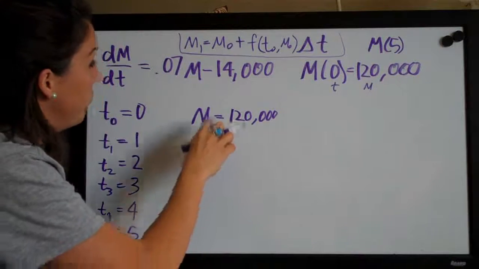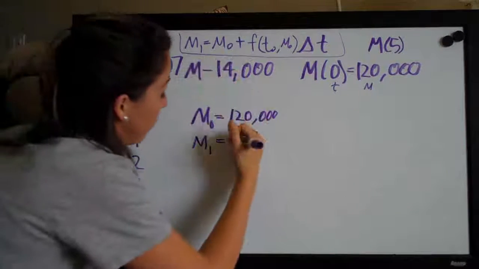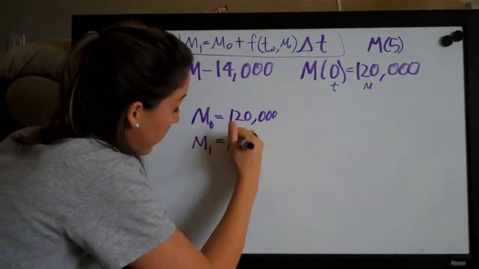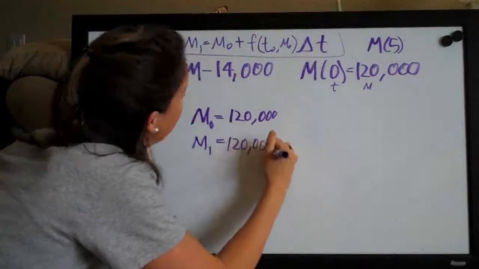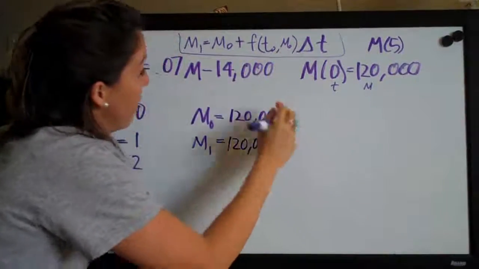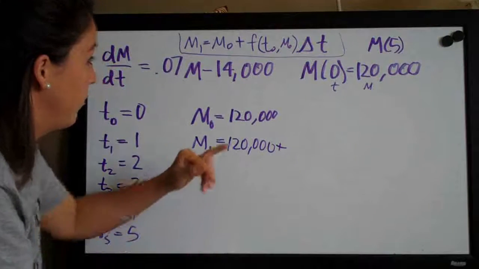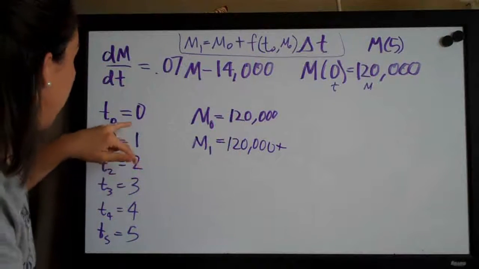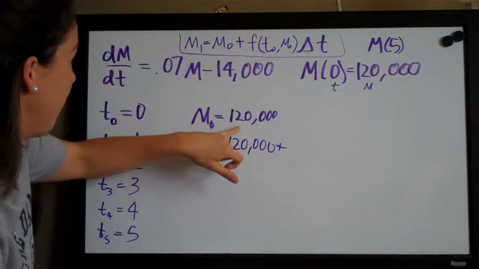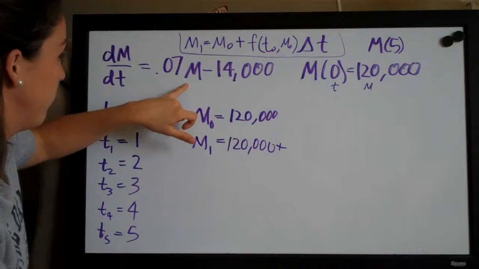So for m1, we can see we have m0, which was defined here, so 120,000 plus, and then this f of t0, m0 basically means what do we get when we plug in this value of t and this value of m to the original function.